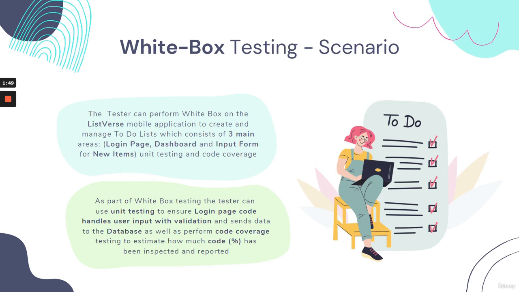Here, we look at unit testing and code coverage as sub-techniques or methods of white box testing. As part of the white box testing process, the tester can use unit testing to ensure that the login page code handles user input with validation and sends data to the database, as well as performs code coverage testing to estimate how much code, percentage-wise, has been inspected and reported for quality.